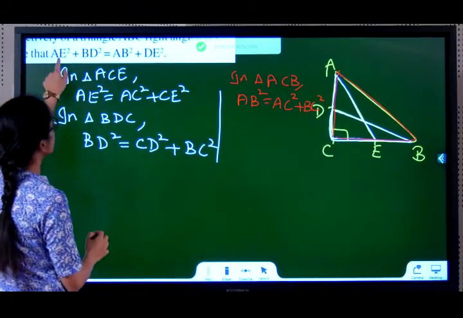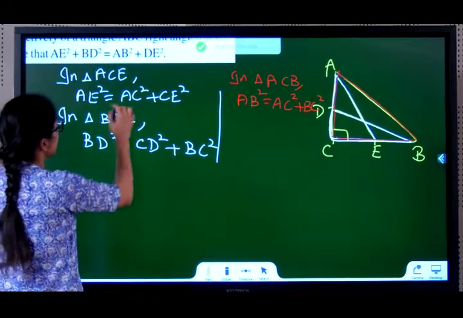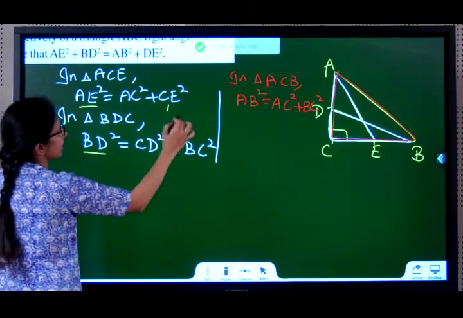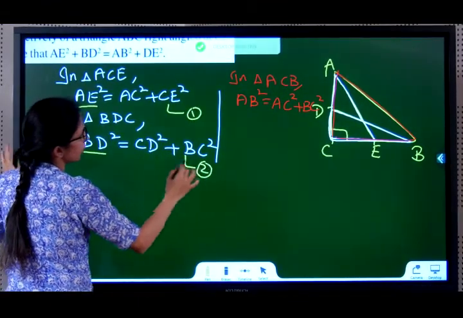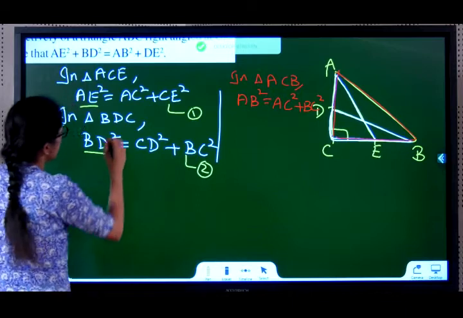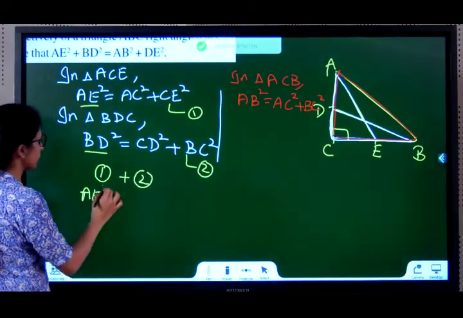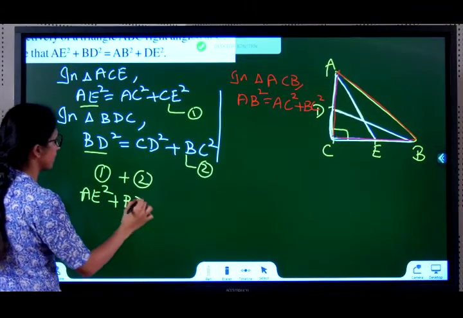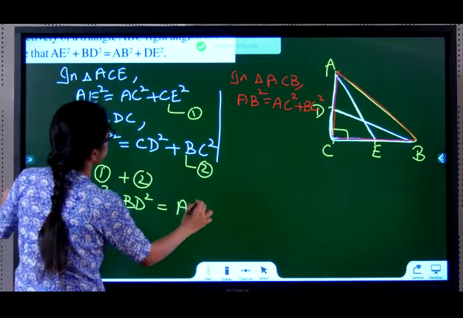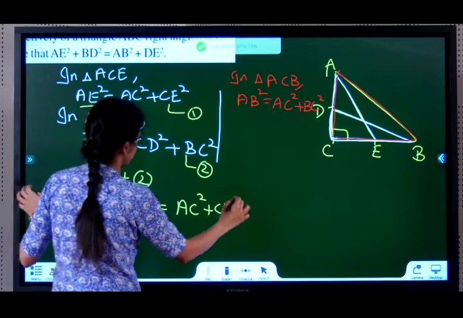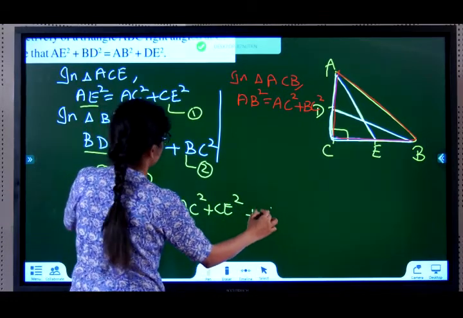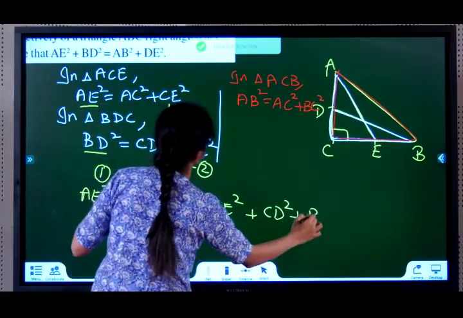You want LHS to be AE square plus BD square. You can see you have AE square and BD square here. So I will add equation 1 and 2 and then see what to do. So now if I add 1 and 2, I get AE square plus BD square, that is equal to AC square plus CE square plus CD square plus BC square.